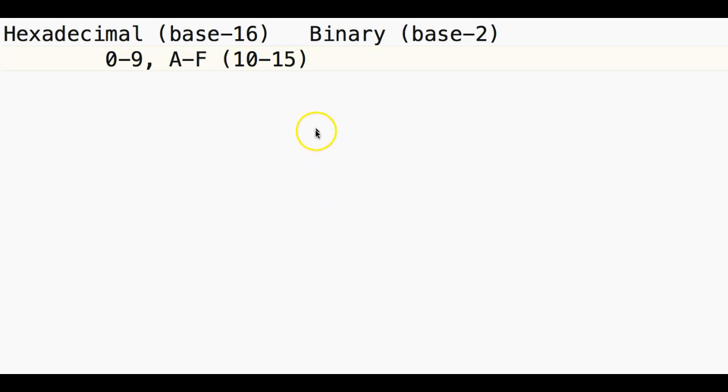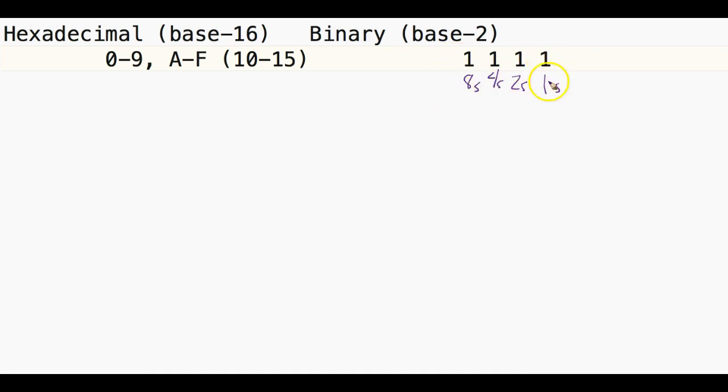Now the number 15 is actually kind of interesting in binary because in binary you can get the number 15 by doing this, 1, 1, 1, 1. If you have 4 bits, you have these powers. You've got the 1's place, the 2's place, the 4's place, and the 8's place.